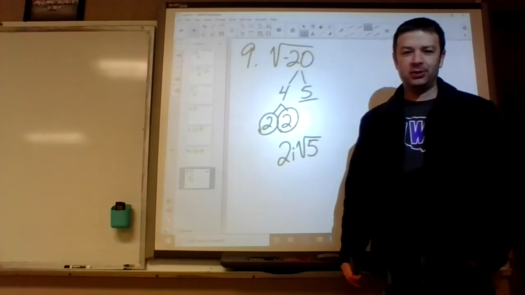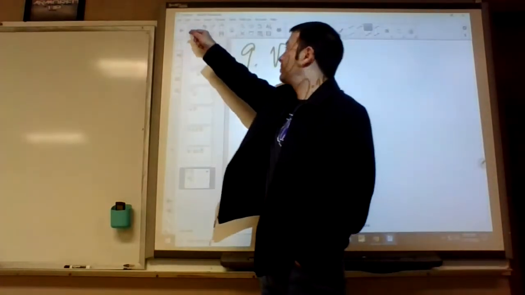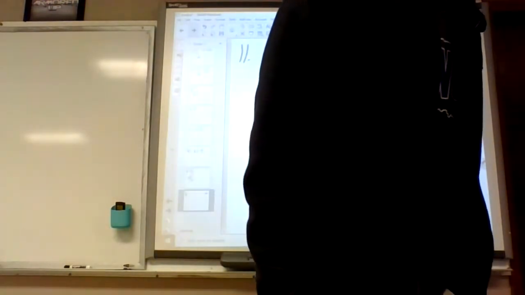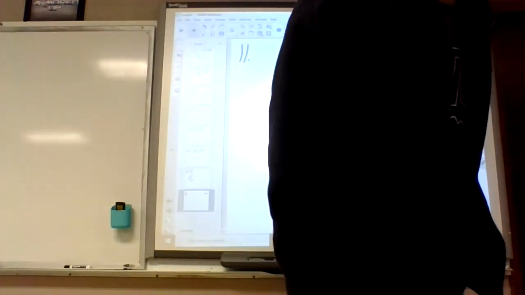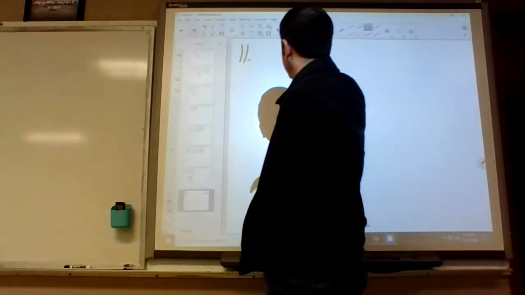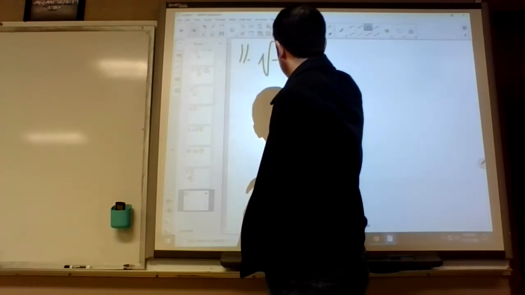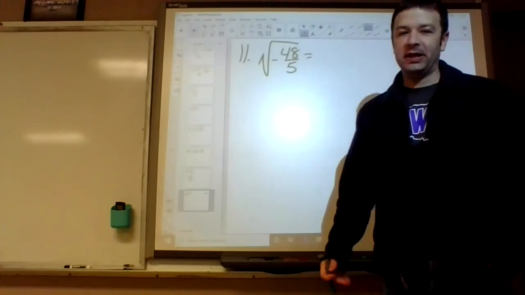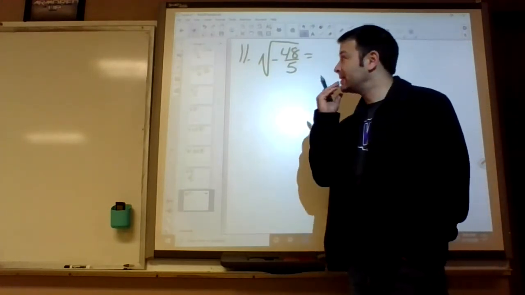Alright, any questions? Great. Now let's go on to number 3. Or 11, I mean. Okay, square root of negative 48 fifths. Okay, I see a negative. That means i is going to be involved.